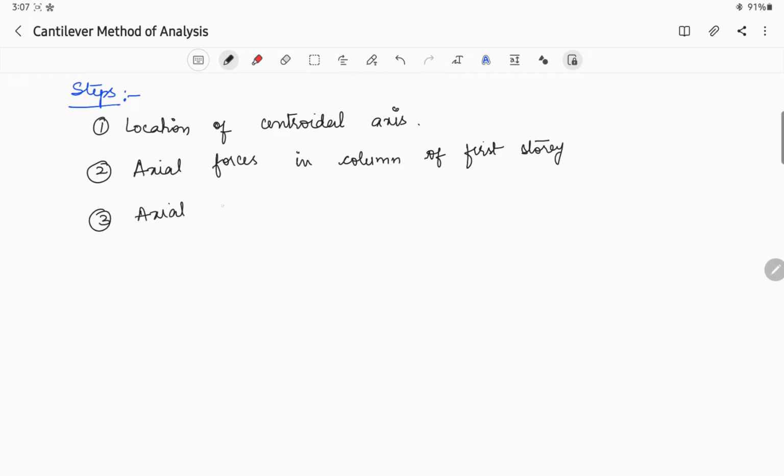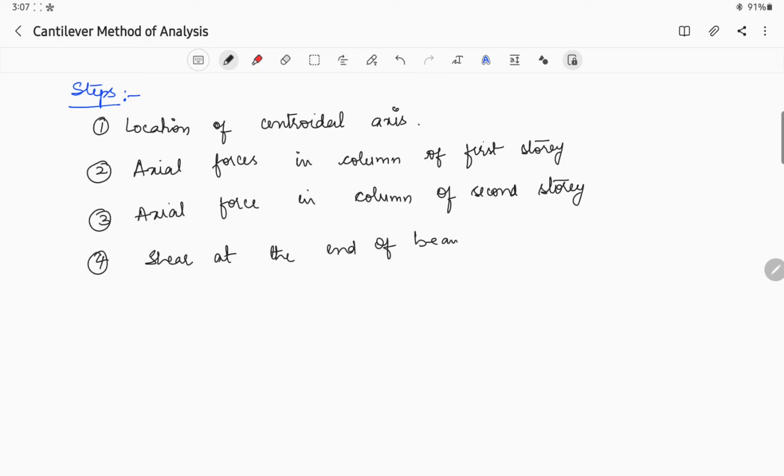The fourth step is to calculate the shear at the end of the beam. The fifth one is the moment at the end of the beam.